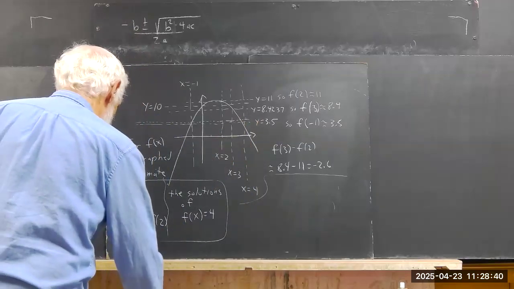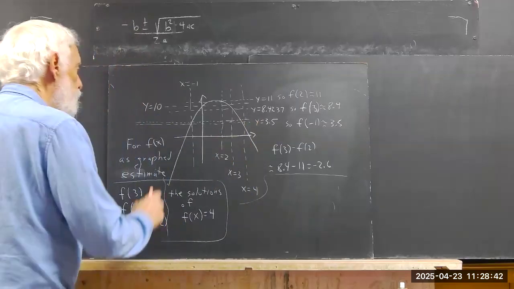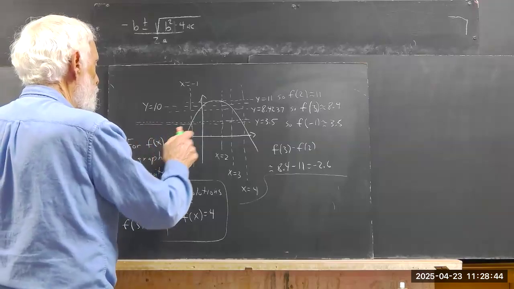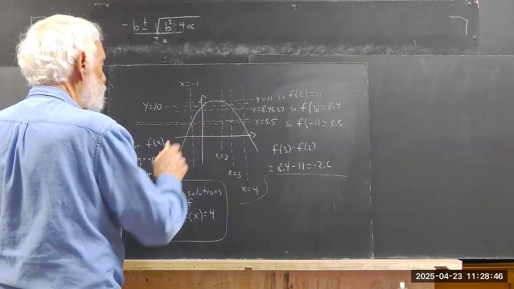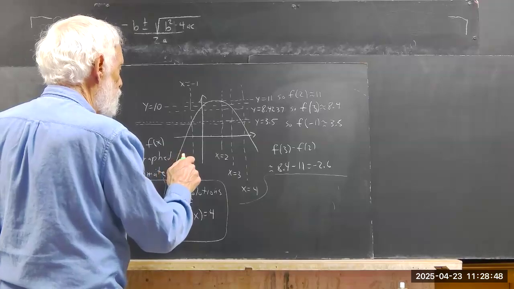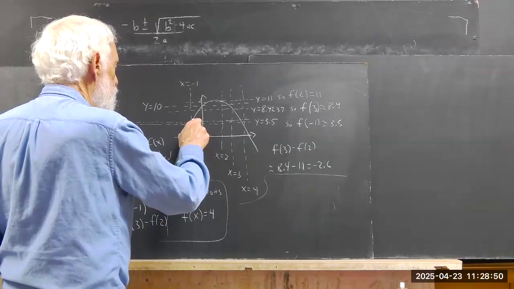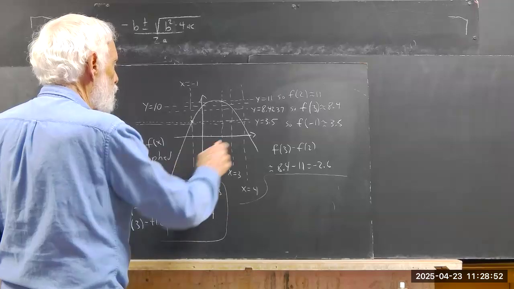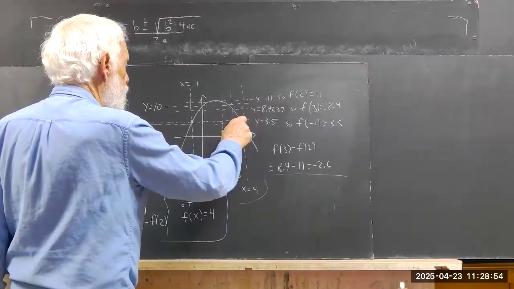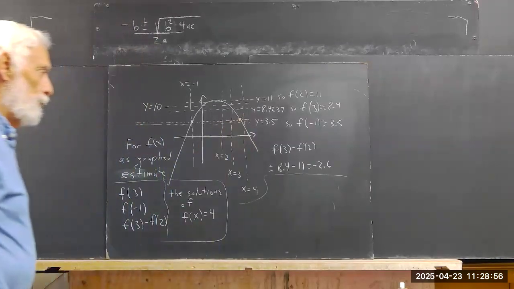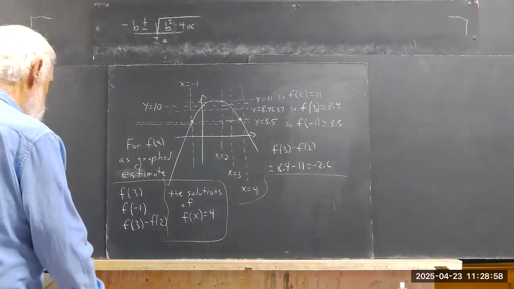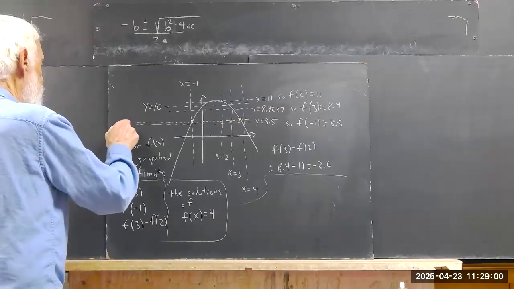Things are getting a little cluttered up there, so these points like so. We have a point here and a point here on the y equals 4 line.